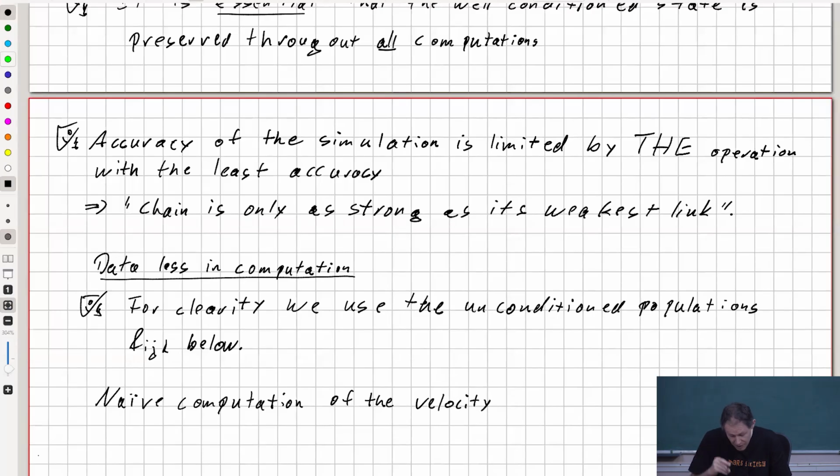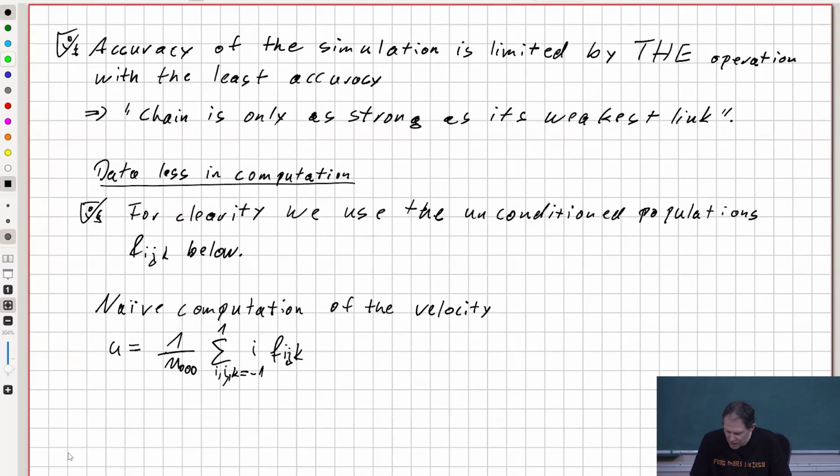So how do we compute the velocity according to our definition? We have u equals 1 over m 0,0,0, sum over i, j, and k equal to minus 1 to 1, of i times f i,j,k, right? So this is how you can actually do it. Yeah, you make a loop, or you make 3 loops, and you loop over these populations. So this is how you can implement it.